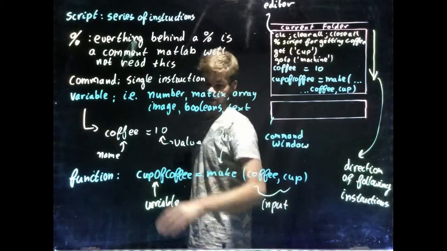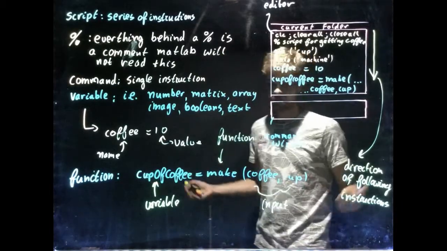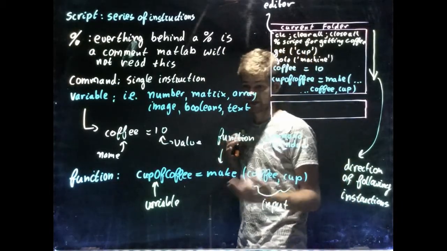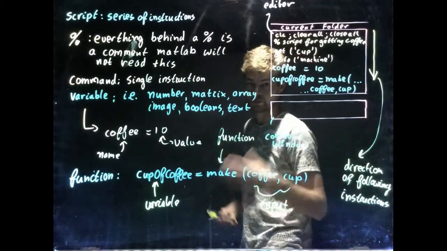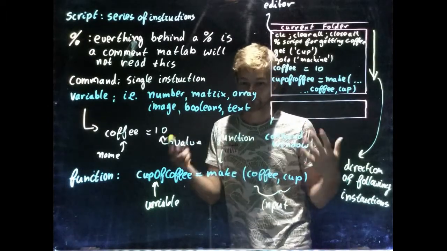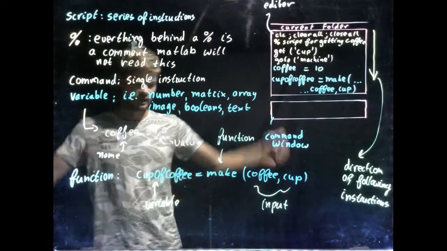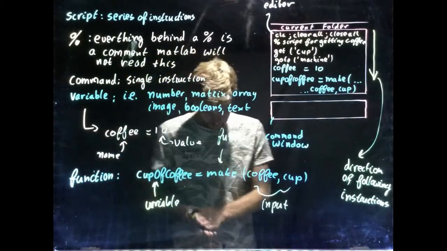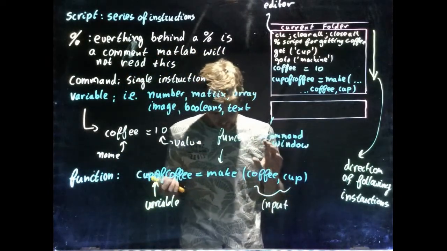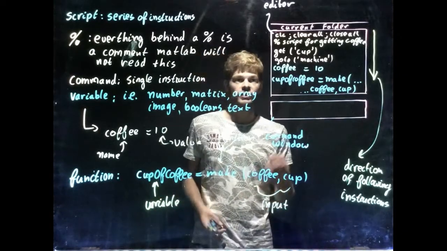So over here we've got a variable like cup of coffee, and I don't know what this variable will mean, but there's a function make, so it's something MATLAB should do, and it needs some input. Well, it needs coffee, and it needs a cup, and we can make a coffee.